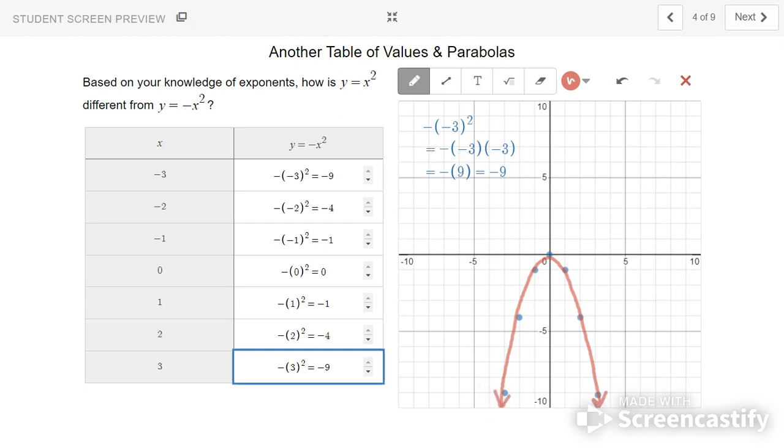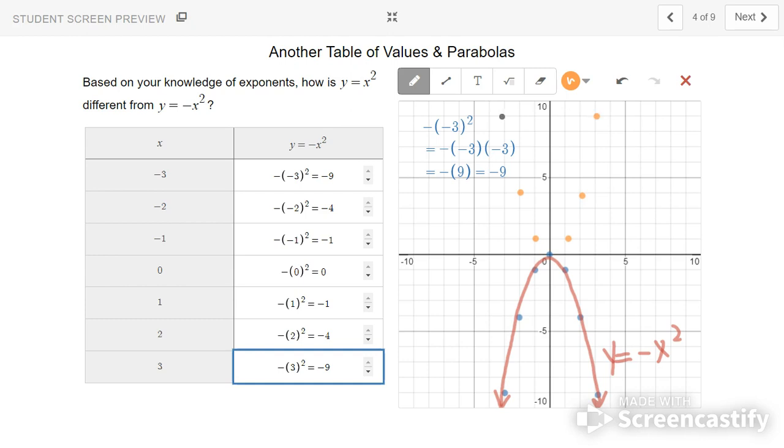Let's connect all the dots. We're going to label our graph. And we have y is equal to -x squared. Now, just a reminder, before we had a graph that opened up.